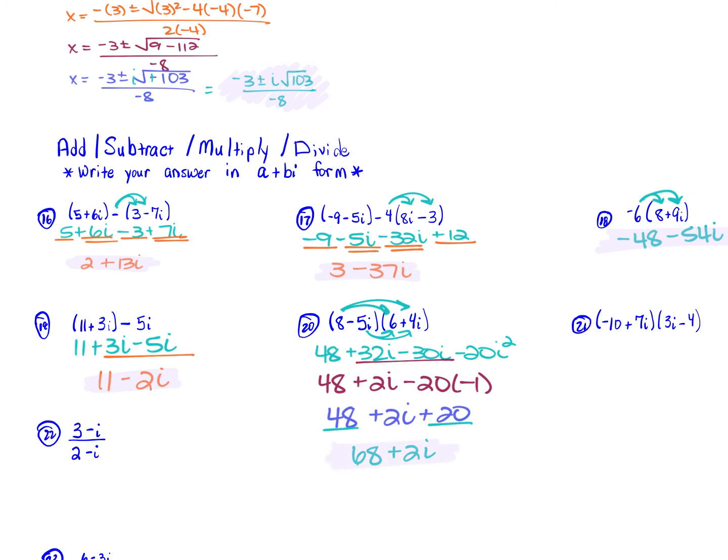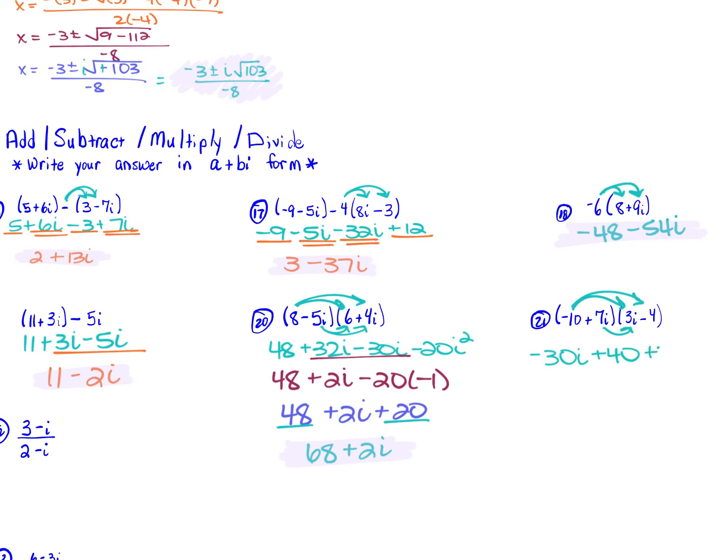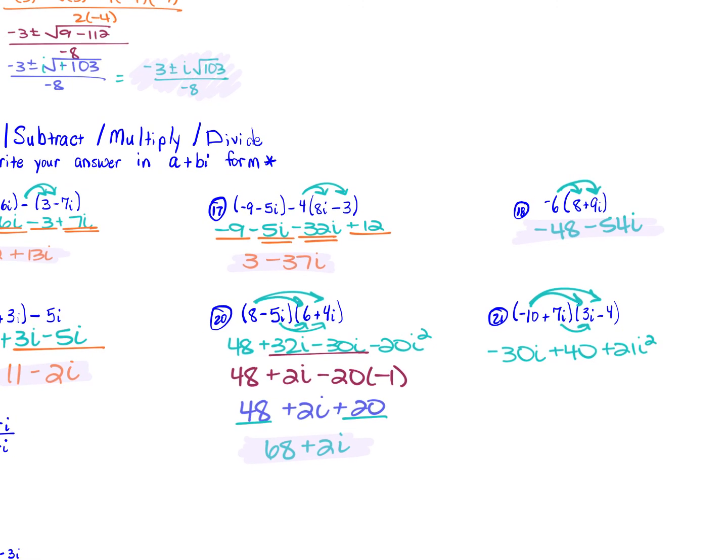For 21, you have negative 10 plus 7I times 3I minus 4. So again, we're going to FOIL this. So negative 10 times 3I is negative 30I. The negative 10 times negative 4 is a positive 40. The 7I times 3I is 21I squared. And then the 7I times negative 4 is negative 28I. Your like terms here are the negative 30I and the negative 28I.